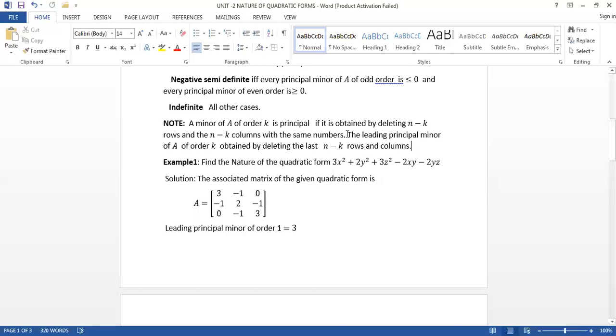So the only difference is, in a principal minor of order k, we delete n minus k rows and n minus k columns, while in a leading principal minor of order k, we delete only the last n minus k rows and n minus k columns. That is the difference. You can understand these two definitions in example 1 and example 2.